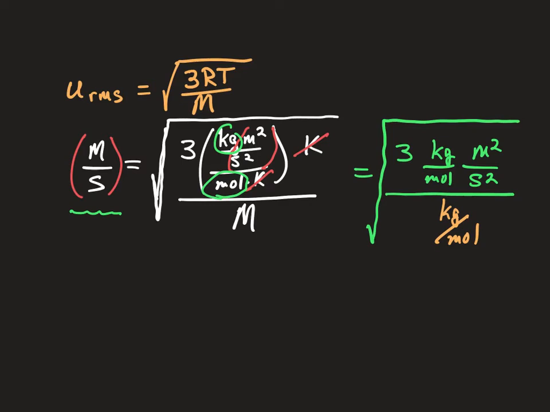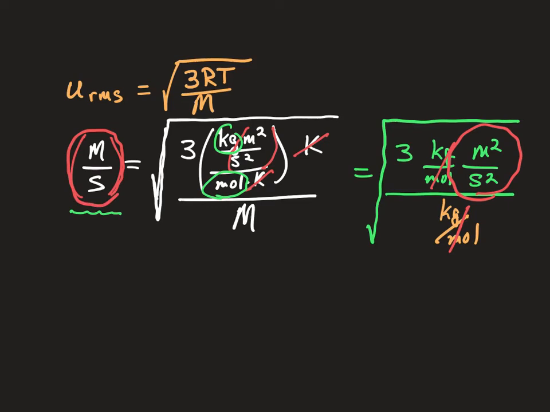It's only if it's kilograms per mole that those cancel, leaving us our proper unit here, so that when we take the square root of it, we get the proper unit of our root mean squared velocity.